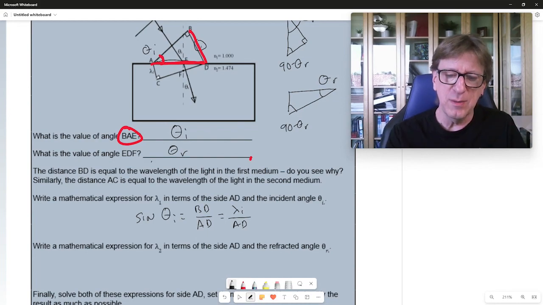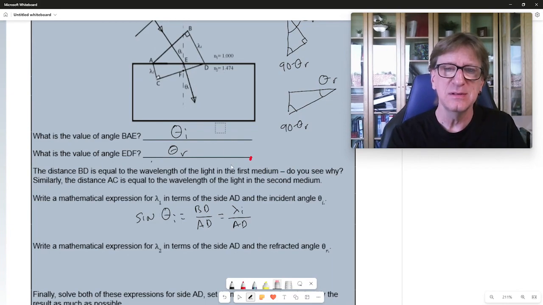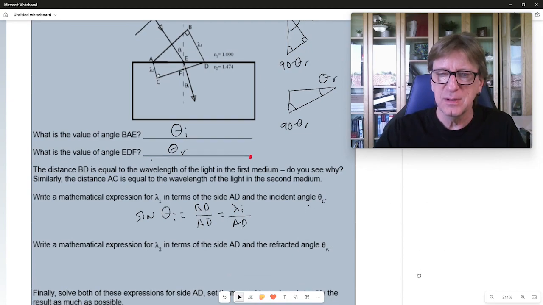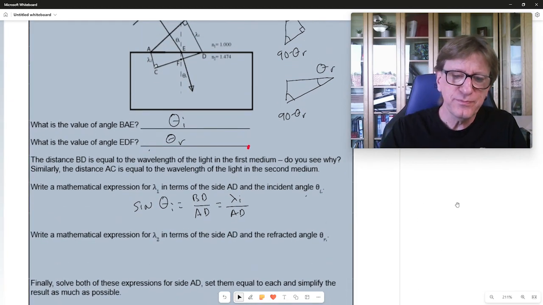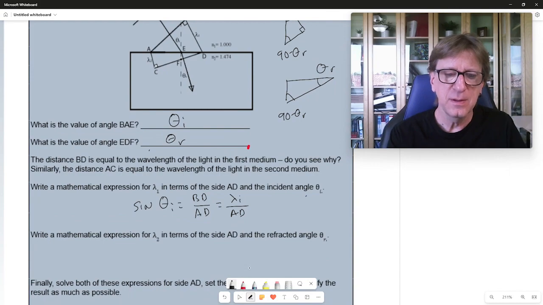All right, so now we want a mathematical expression for lambda 2, so the wavelength in this medium over here. And we're going to do the same thing. Scroll up just a little bit. So now we want it here and here.